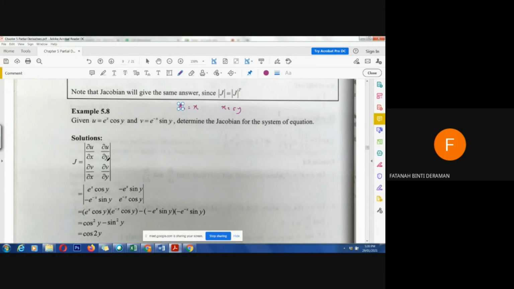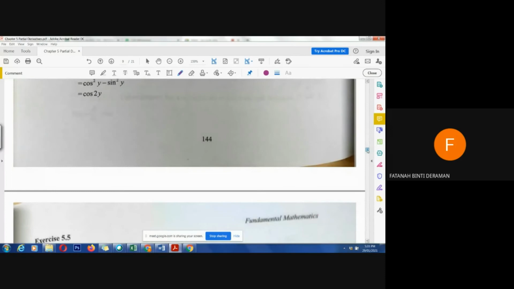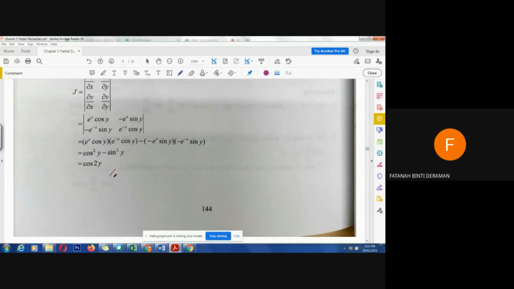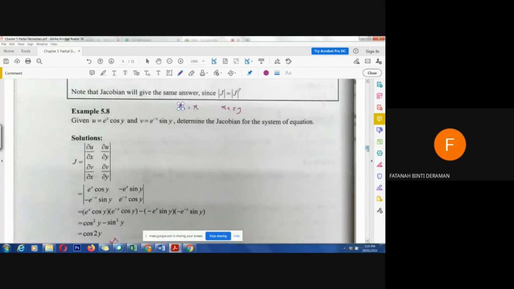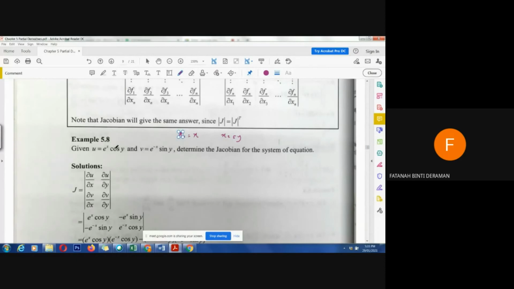Here there are two functions and two variables. Once we get this, we differentiate u with respect to x and with respect to y, and then for v, with respect to x and y, and then we get the answer, and then we find the determinant. That is the Jacobian function.